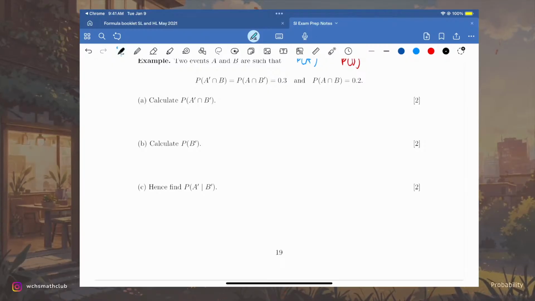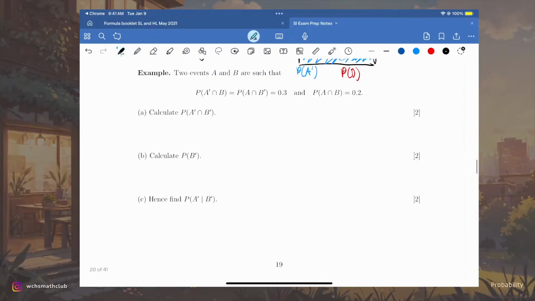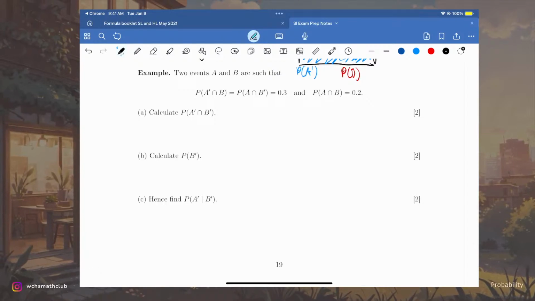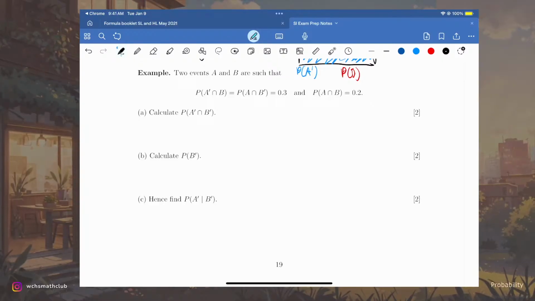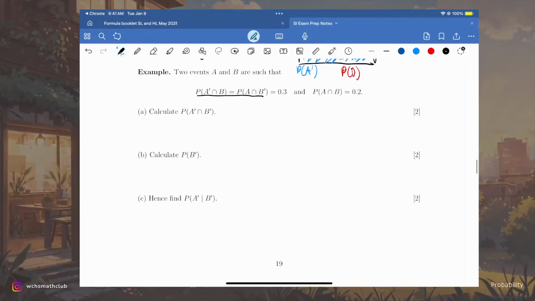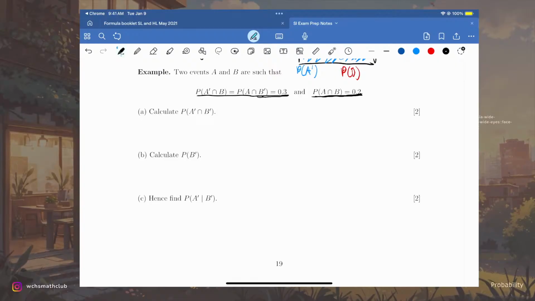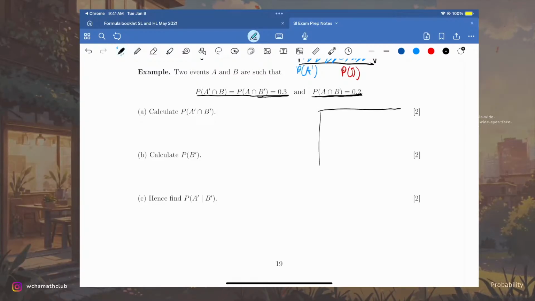Okay, welcome back. I hope you all had a chance to try this problem as well. So, for this one, two events A and B are such that these two quantities are equal to 0.3, and then A intersect B is equal to 0.2. So, the first thing we're going to do is draw out the Venn diagram for visualization.